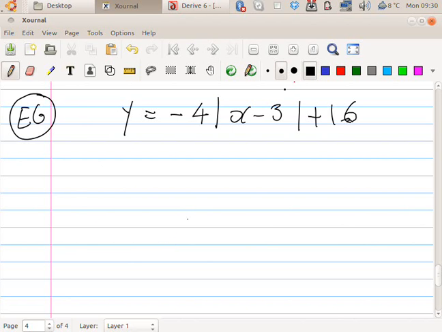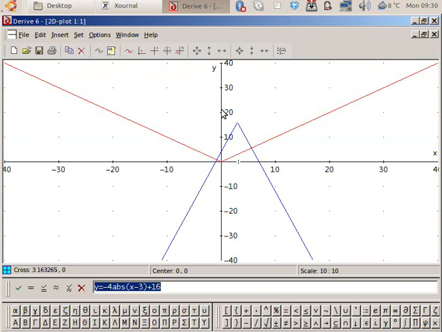Yeah, so if you make x equal to 0, you get 0 minus 3, which is minus 3. Absolute of minus 3 is 3. 3 times minus 4 is minus 12. Plus the 16 is 4. So 0, 4 is our first point. And if you look at our graph, you can see that does roughly look like 0, 4 right there.